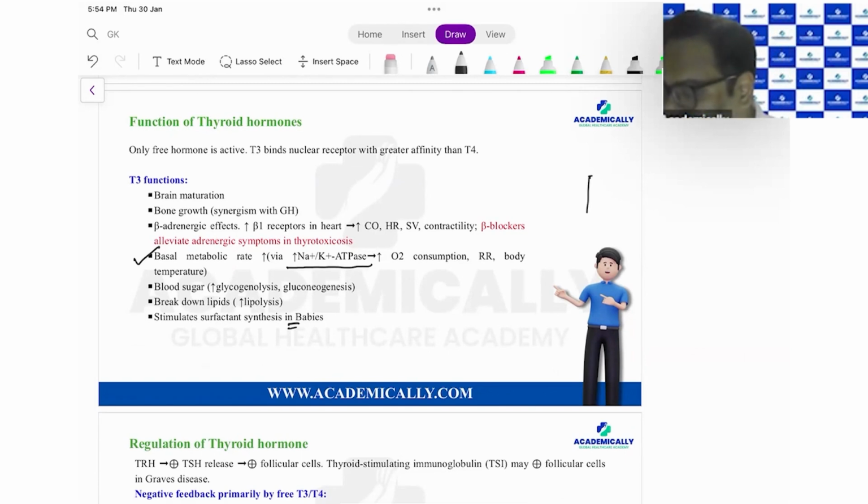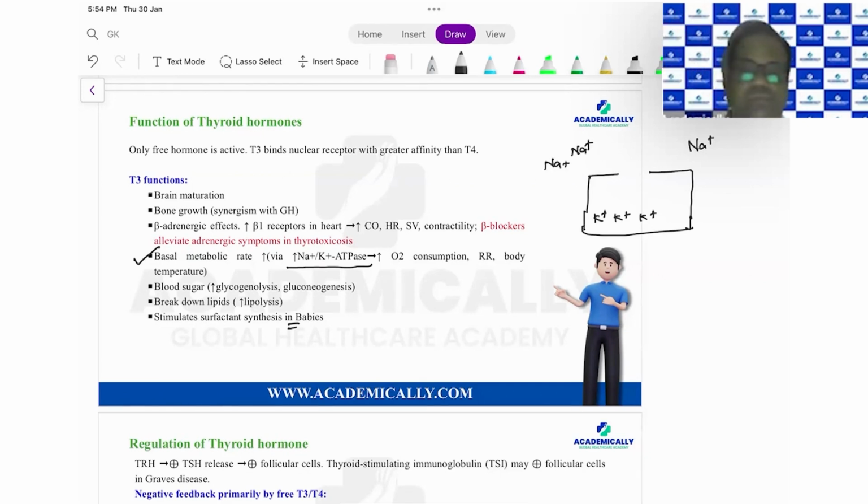If you look at any cell, this cell has got excess of potassium, and outside the cell there is excess of sodium. Outside, extracellularly, sodium is more; intracellularly, potassium is more. So naturally, what should happen?